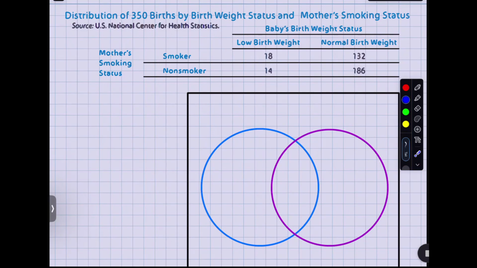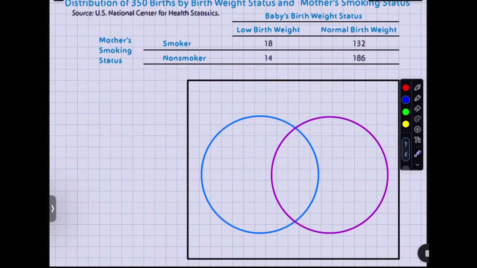So I guess the question is, what should these two circles represent? Okay, let's start this way.